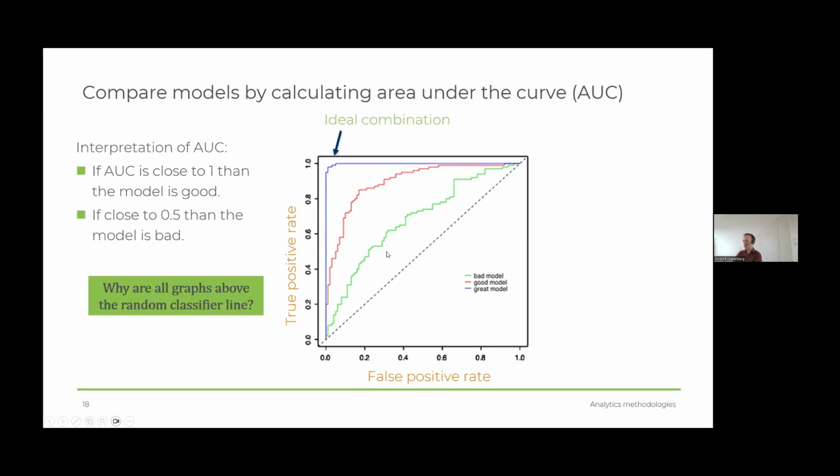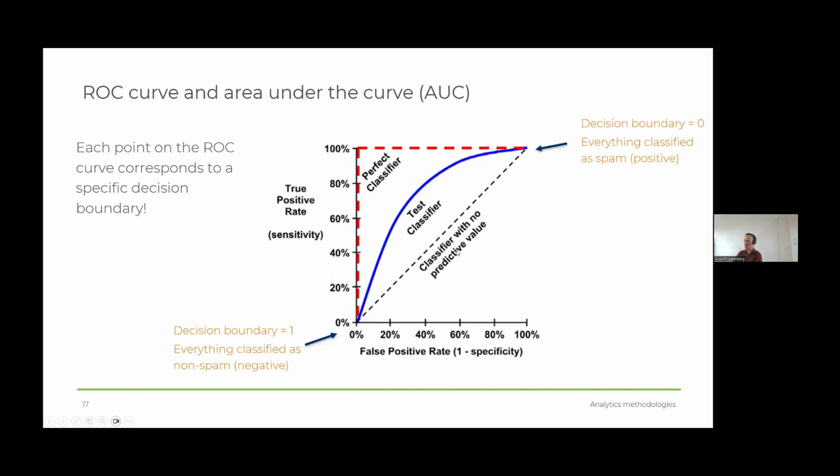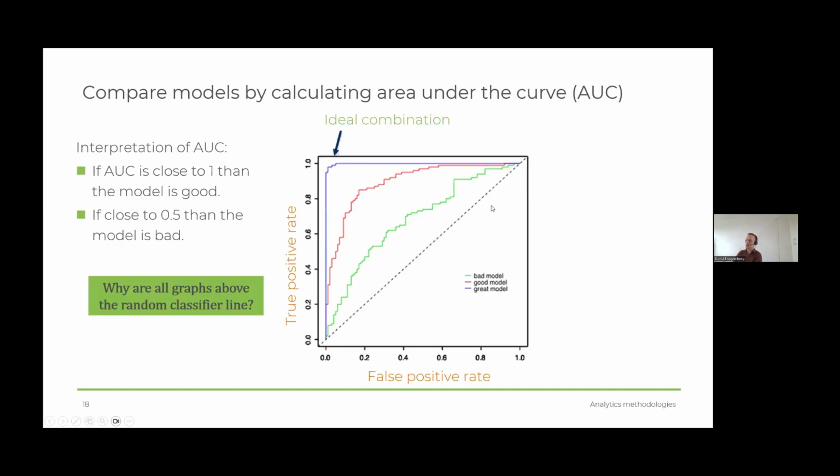One thing you might have noticed here is that all the graphs are above this 50% line, this random classifier, or I call it the classifier with no predictive value line. And that's of course because whenever your line would be below the random classifier line, you can actually just swap your negative and positive label, and then the line gets mirrored across this 45-degree line, and it ends up again above this line.